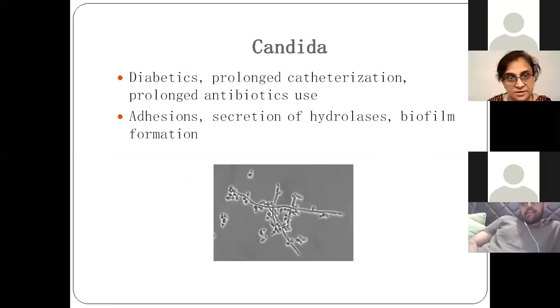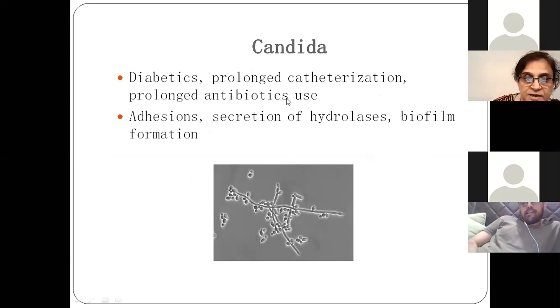Then there is Candida. Candida is a yeast, and the most common infection is caused by Candida albicans. It is especially common in diabetic patients, in catheterized patients, and in patients who have taken antibiotics for a long time.